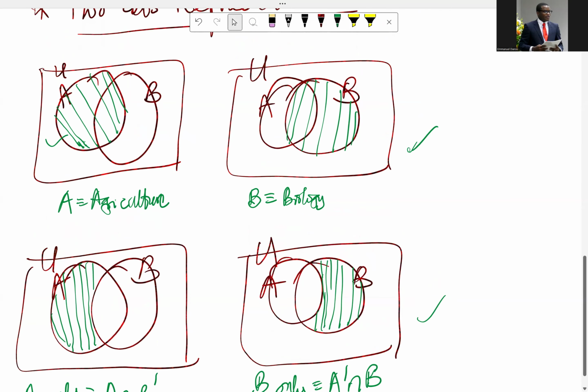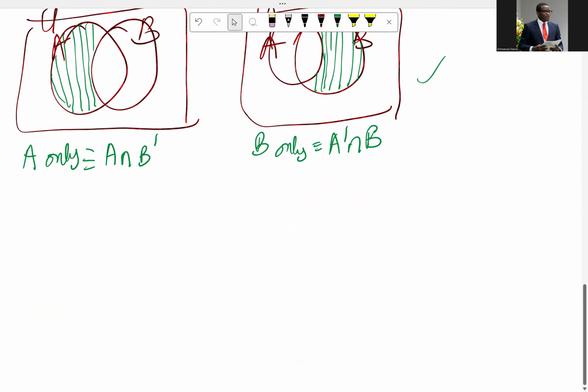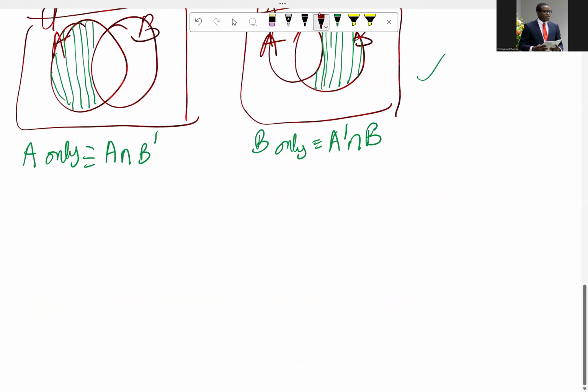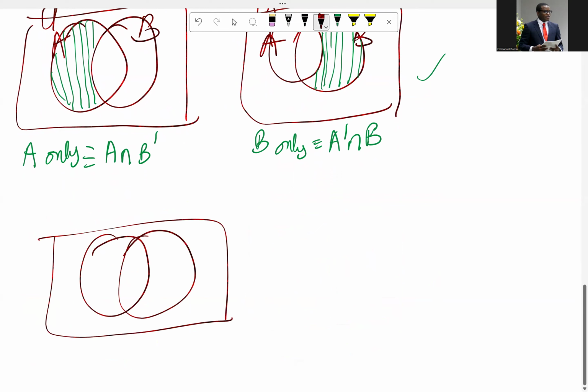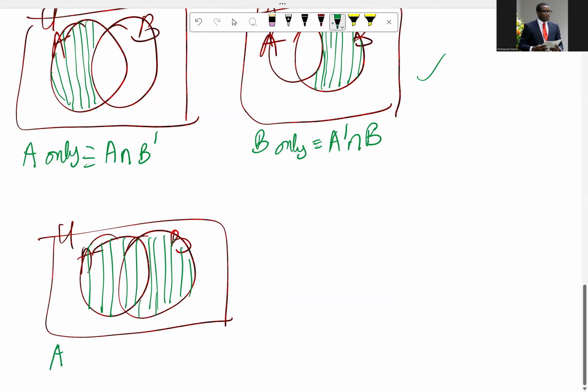So we have 4 Venn diagrams there. Let's look at other possibilities. So if we have A, B, and then the universal set, now if we shade everything, we shade the two circles, this is A union B. Okay?